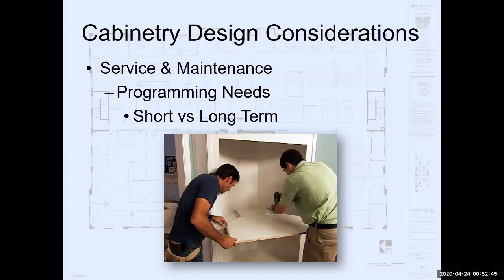So those are just part of the travails of design. It's good to record in the programming how long the cabinetry is likely to need to last. If the person owns the building, they'll probably say for a long time. If it's a short-term tenant, it's a short time.